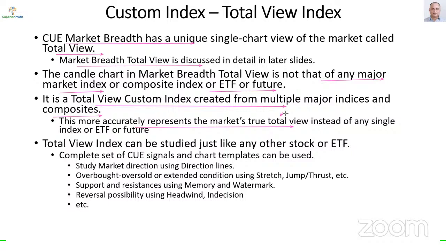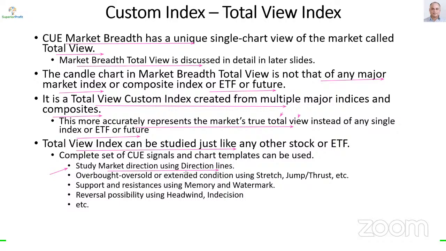This more accurately represents the market's true total view. That's why it's called total view, not one index view or composite view, instead of any single ETF or future. Total view index can be studied just like any other stock or ETF. All the Q global templates can be used. Therefore, we are able to know the market direction using direction lines of the market as a whole.